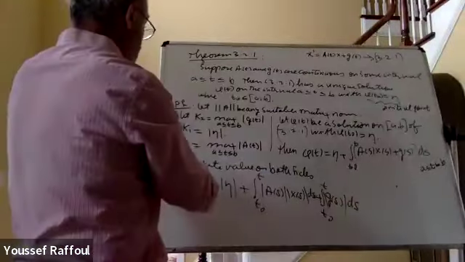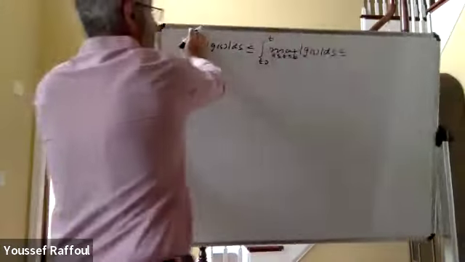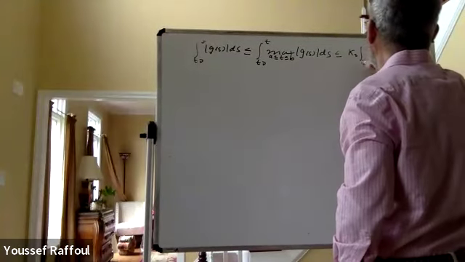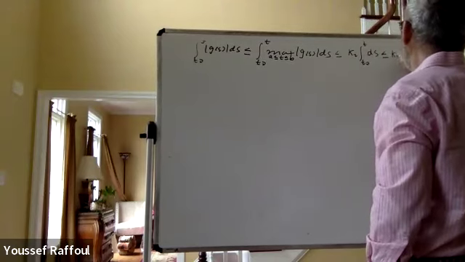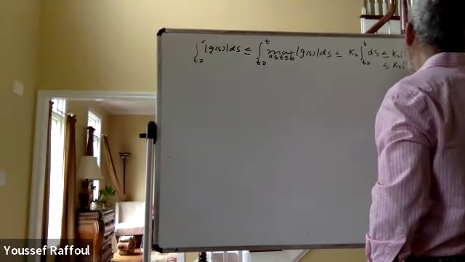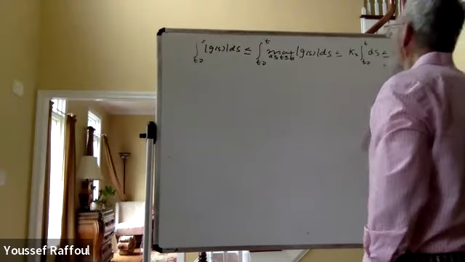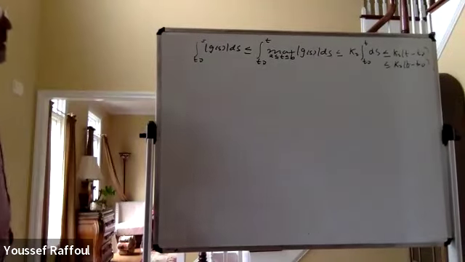The maximum of g is K2. Less or equal to K2 times the integral from t0 to t of ds, less or equal to K2 (t minus t naught), less or equal to K2 (b minus t naught). Remember, t is between a and b. All right?